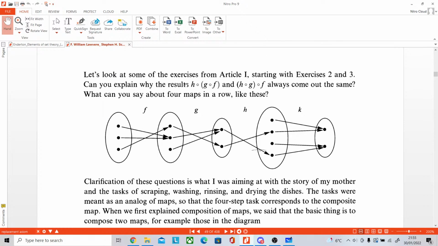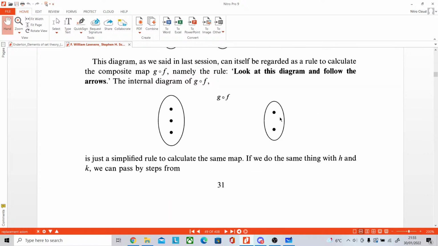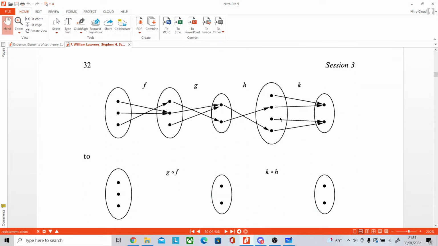So no matter if we do GF first or HK first, you could do GF and then HK separately, and then after you compose G and F together and compose H and K together, you can compose FG with HK, and you could get this 4 thing. But you could group them in different ways, and it'll still be the same.